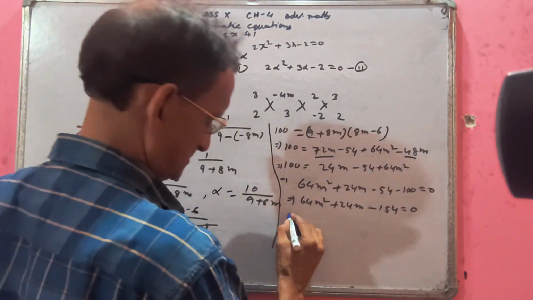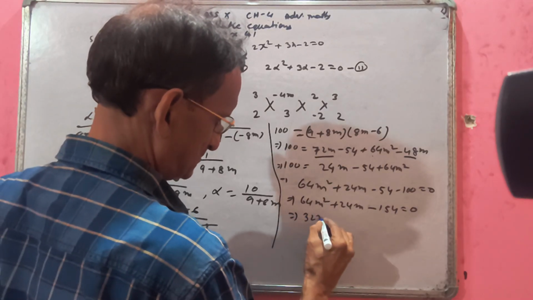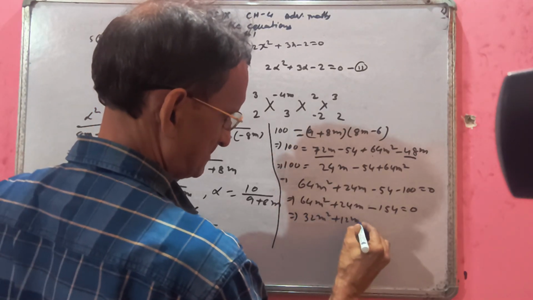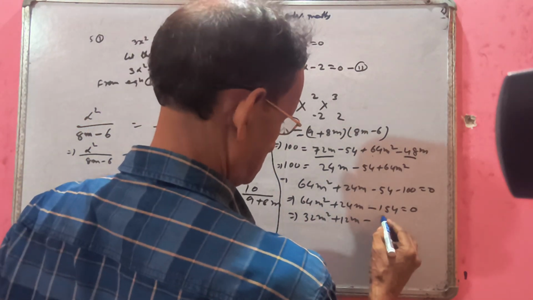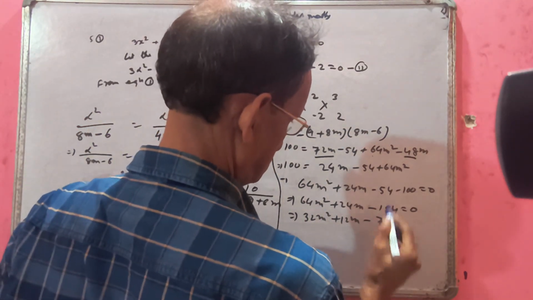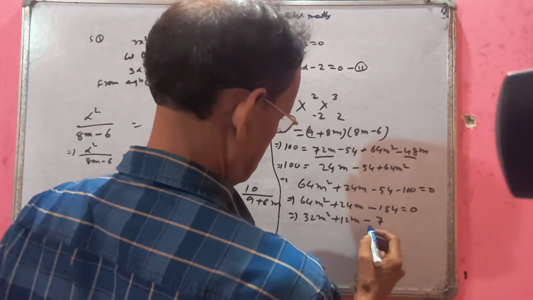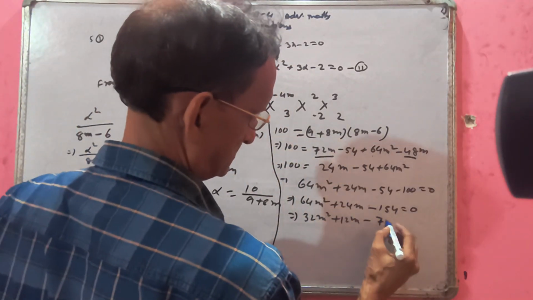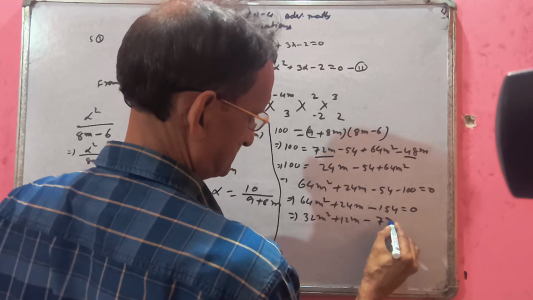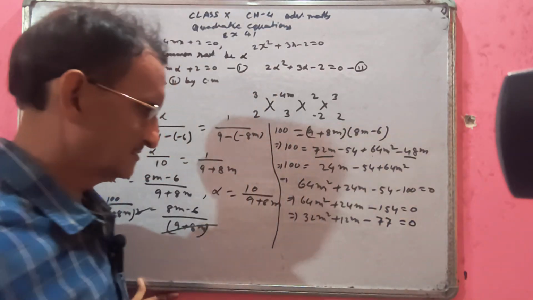So we will divide by 2: 32m square plus 12m minus 77 equal to 0.